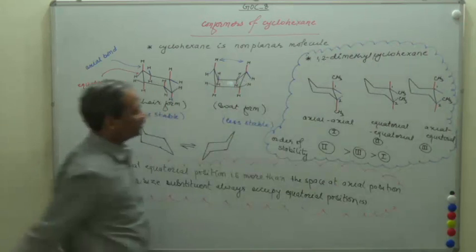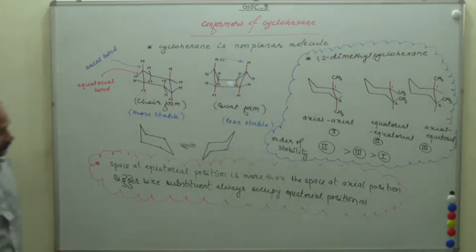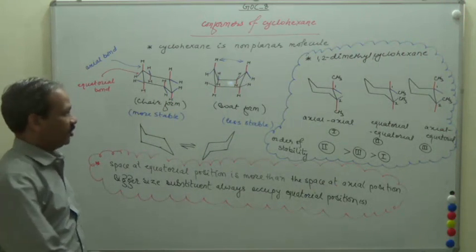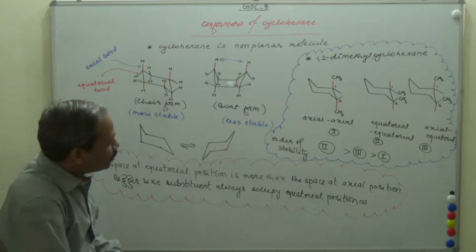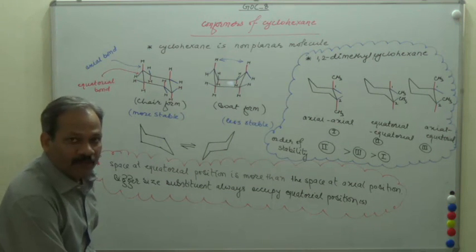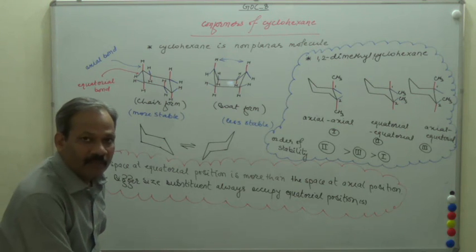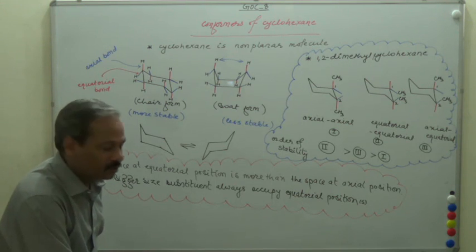So this is because of the existence of cyclohexane in the more stable chair form, and in this more stable chair form there are two different types of positions on every carbon atom, axial positions and equatorial positions.